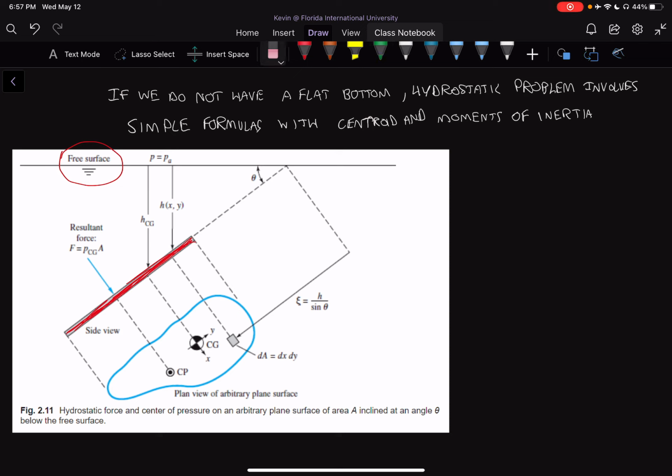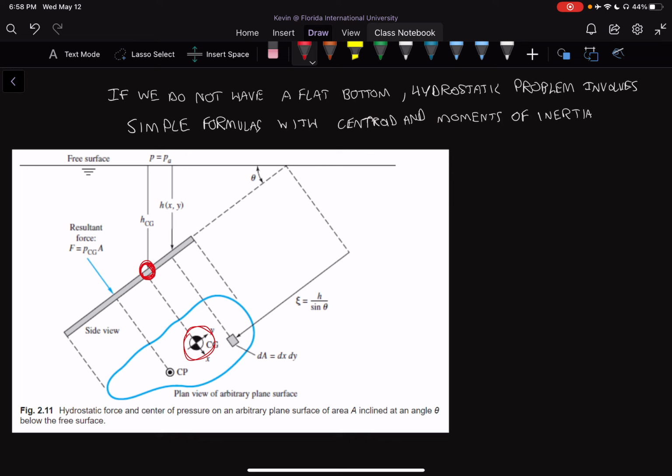So that's the idea. How do we come up with the amount of force that we have on the plate? If the center of gravity of our plate is right here, it's reflected as if the center of gravity on the actual plate is right here from a side view.